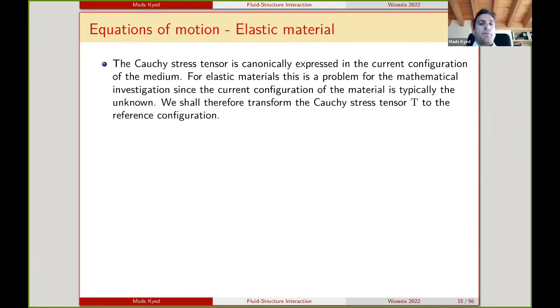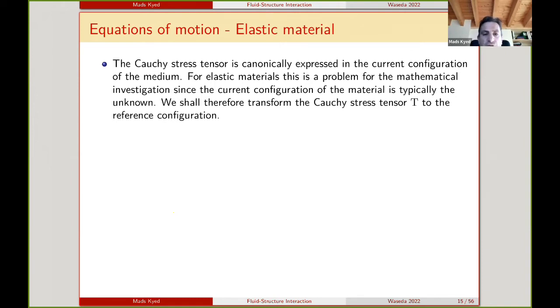Okay, so the Cauchy stress tensor is canonically expressed in the current configuration of the medium, obviously, right? Because the Cauchy stress tensor is an expression of the intermolecular forces.